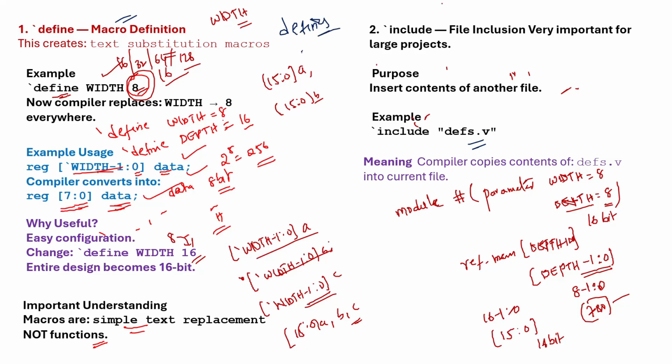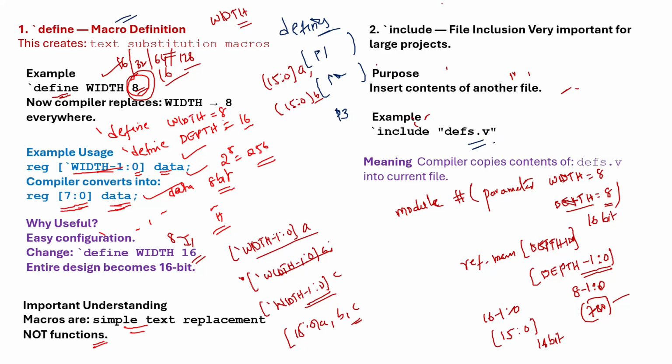In this defines file I am utilizing different parameters: parameter 1, parameter 2, and then parameter 3. All these parameters I am also utilizing in another module. Then I don't want to write another defines file again.